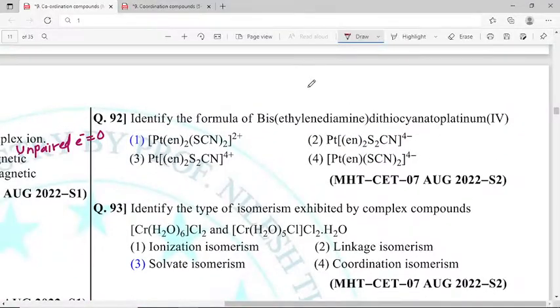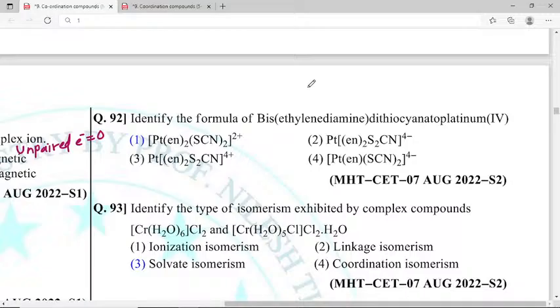Identify the formula of bis(ethylenediamine)dithiocyanatoplatinum. Bis stands for 2, so there are 2 ethylenediamine. Isothiocyanato, oxidation number +4.